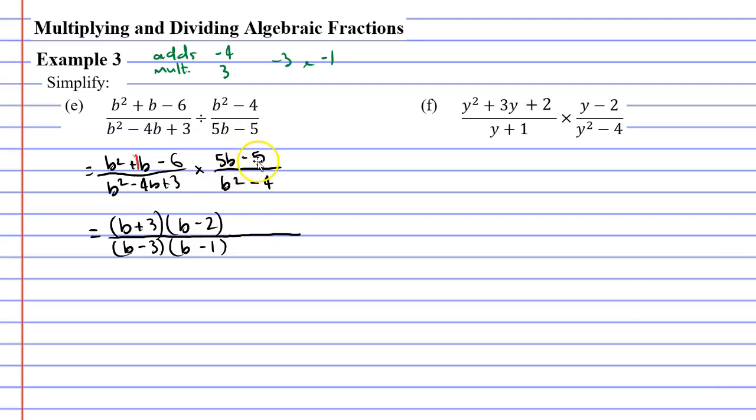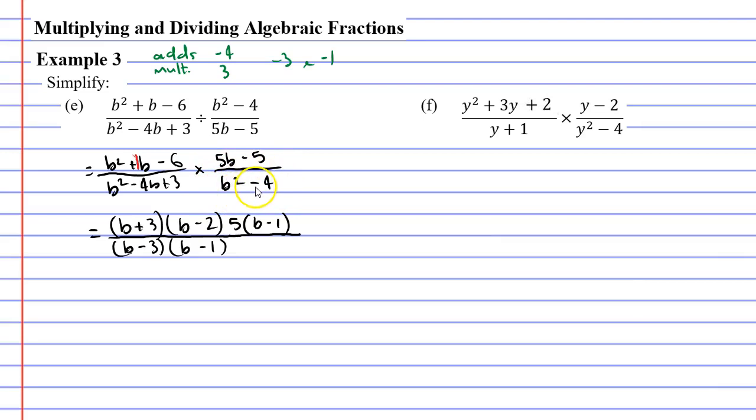Factorize 5b minus 5. So we have a common factor of 5 here. 5 times b will give us 5b, and 5 times 1 will give us 5. We also need to factorize b squared minus 4, and hopefully you can see that this is a difference of two squares.